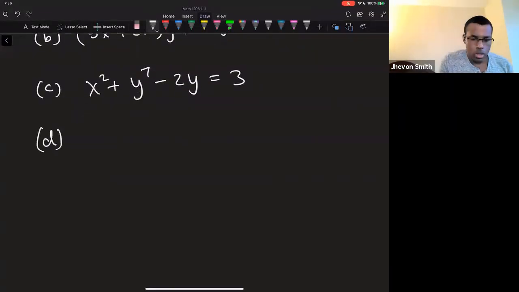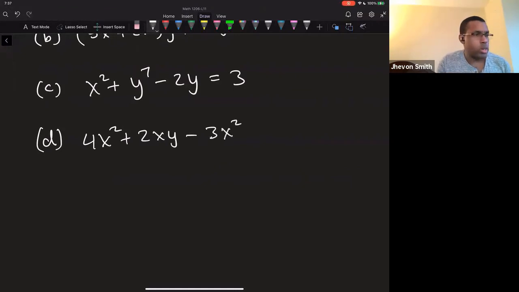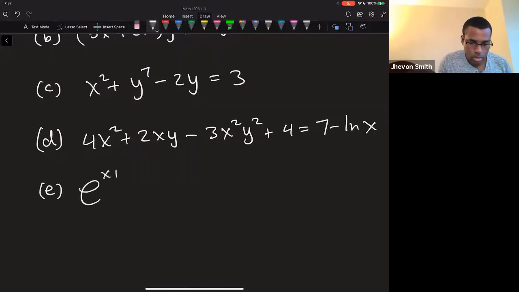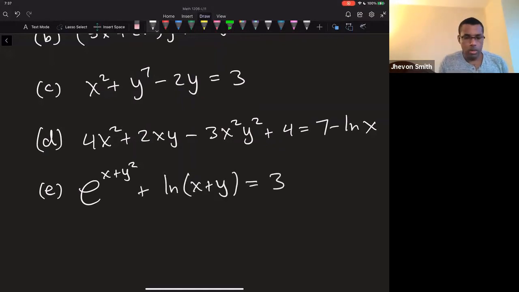D, 4x squared plus 2xy minus 3x squared y squared plus 4 equals 7 minus ln x. E, e to the x plus y squared plus ln of x plus y equals 3.